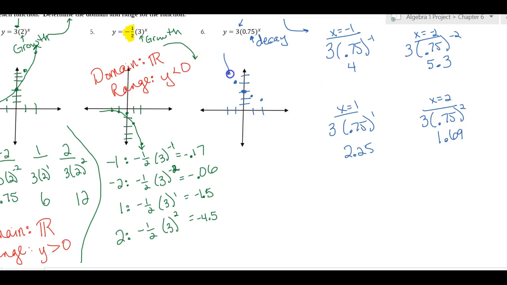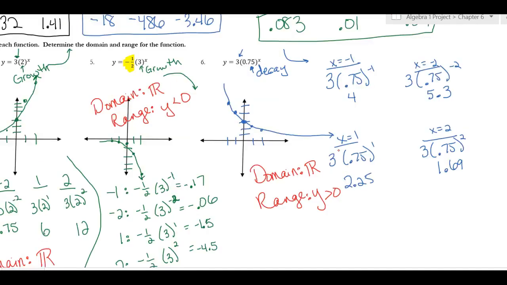And so it's going to kind of go down, and it's going to keep curving out, and then it's going to flatten out here. Okay, so domain, same thing. It goes left and right all ways, so it's all reals. But the range for this one, it's above the axis. So that means y is greater than 0.